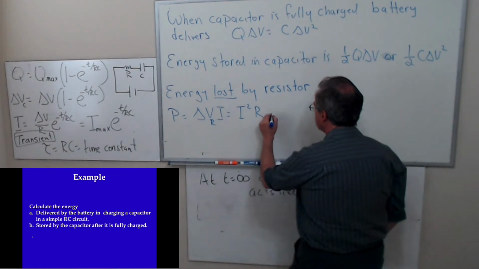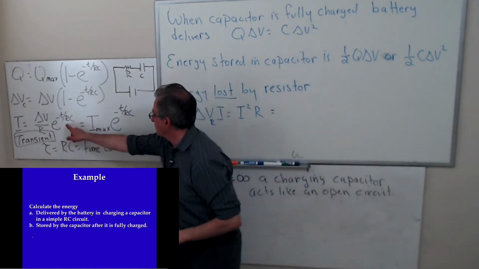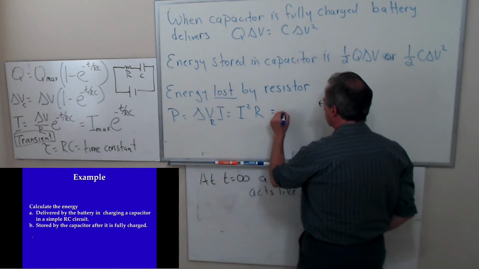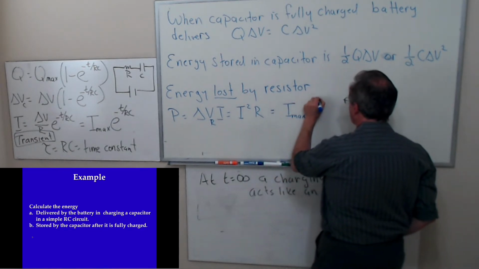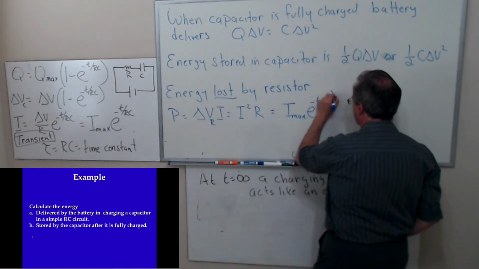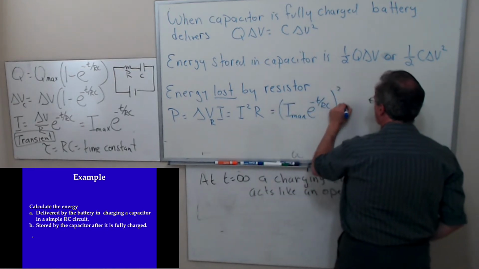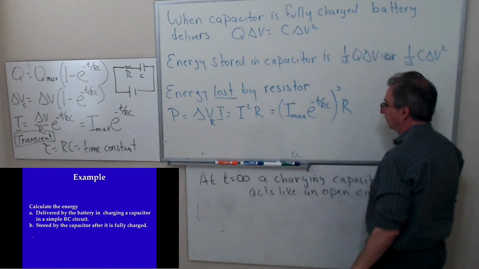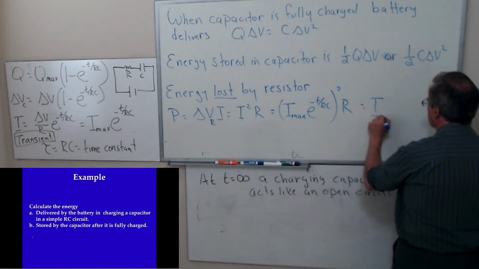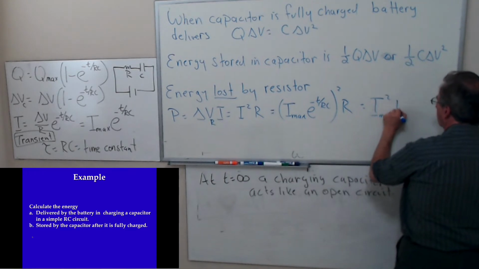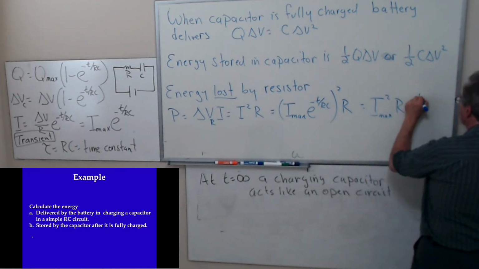Well, so what's the energy lost by the resistor? It's going to be this thing squared times R, which is going to be I max squared times R e to the minus 2t over RC.